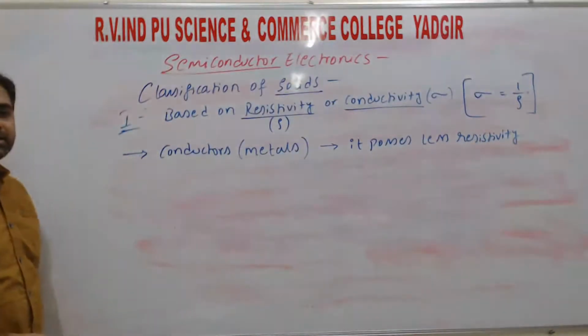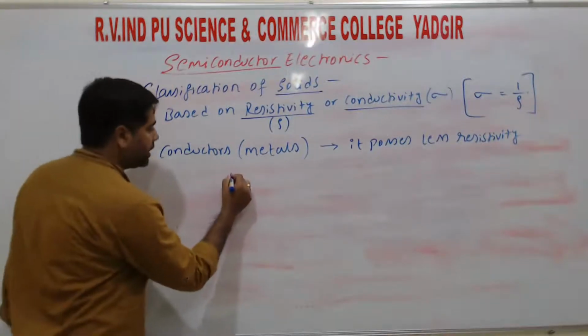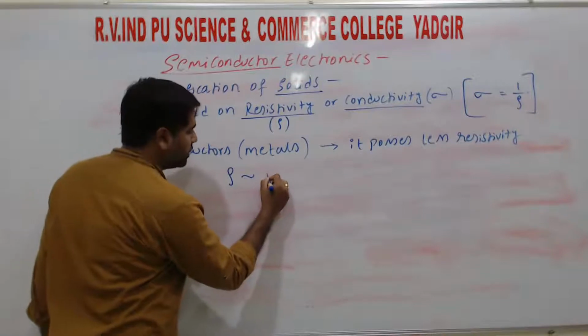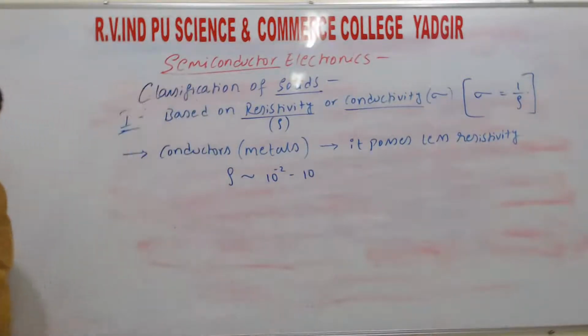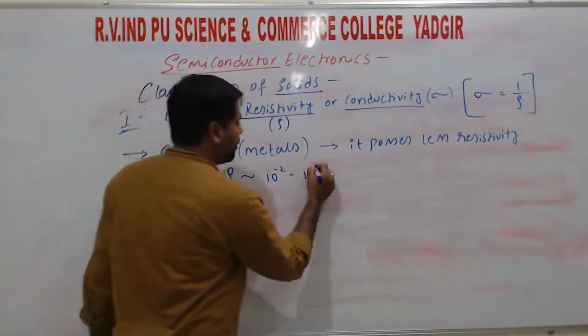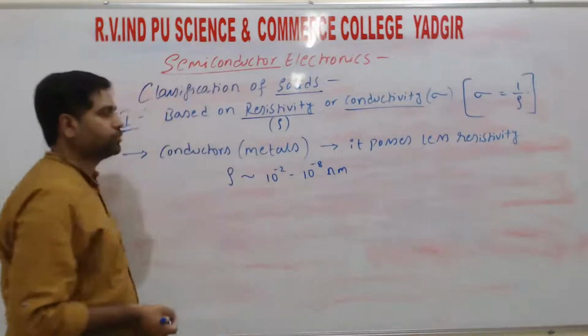That means the value of the resistivity rho is approximately of the order of 10 to the power of minus 2 to 10 to the power of minus 8 ohm meter.